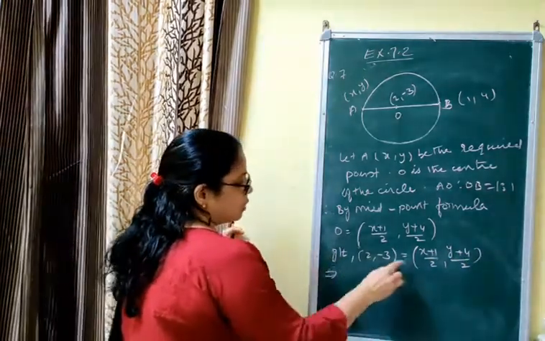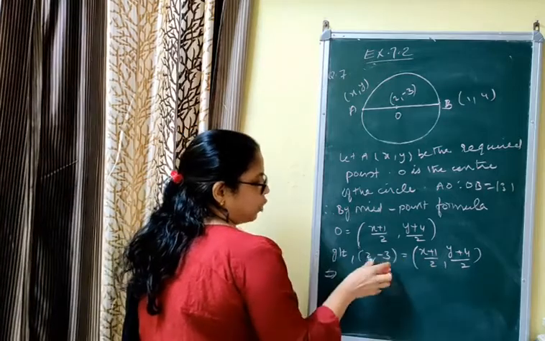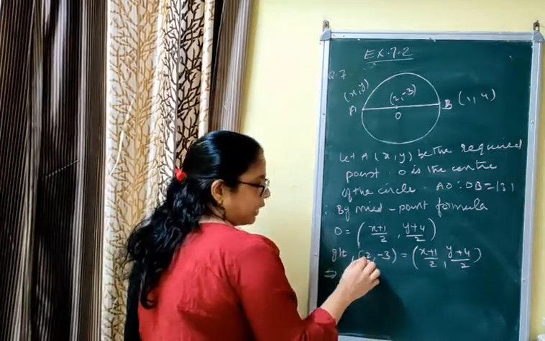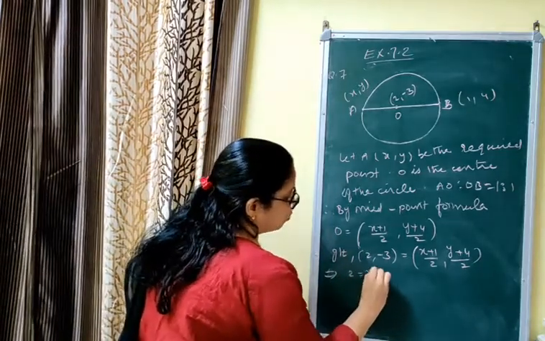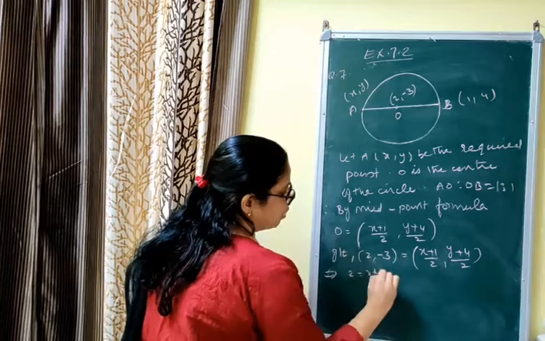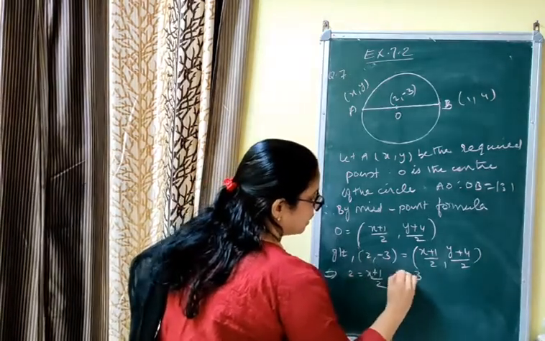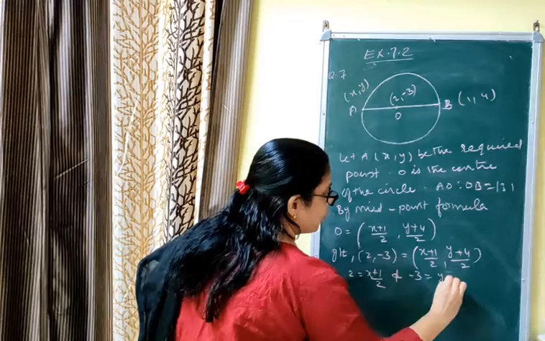Now, since this ordered pair is equal to this ordered pair, we can equate both the x coordinate and the y coordinate.